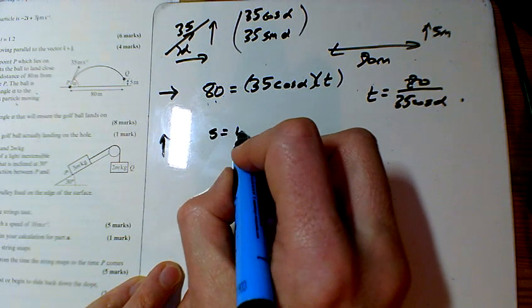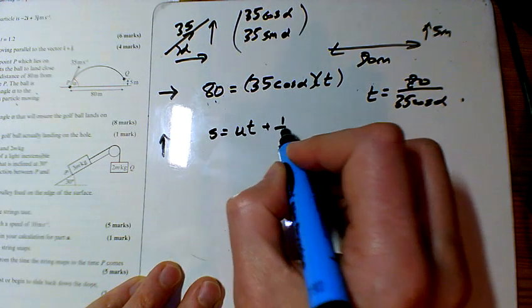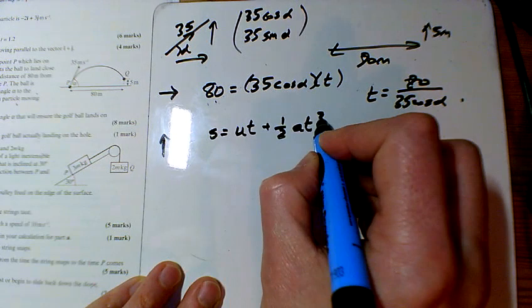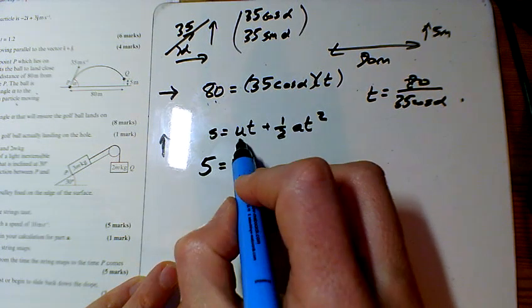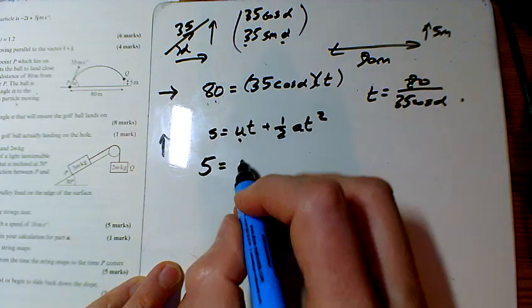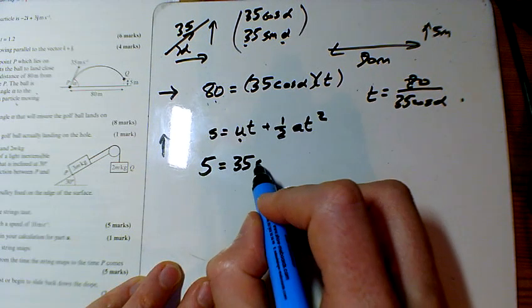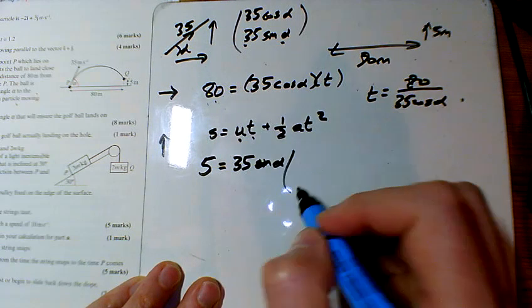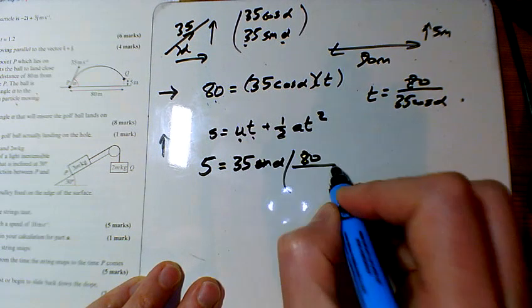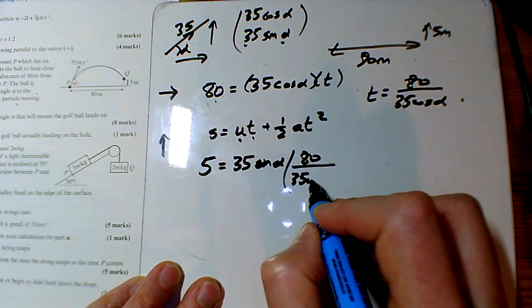So I'm actually using an s equals ut plus half at squared here. S we want is 5. U, the initial vertical, is 35 sine alpha. And t, well, t is this one. T is 80 over 35 cos alpha.